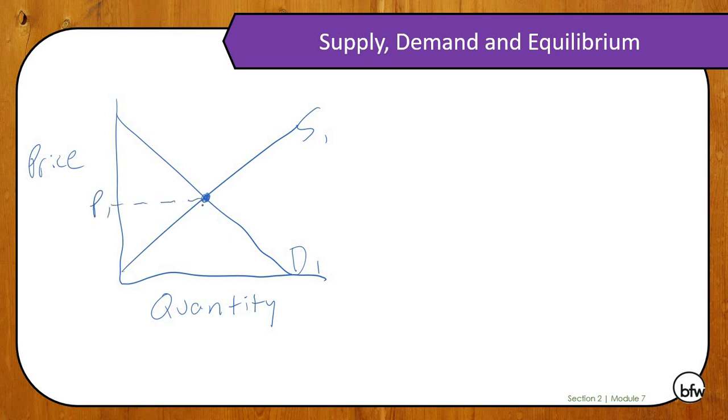That's going to be our price 1, and we've got our Q1 right there. So that point is equilibrium.